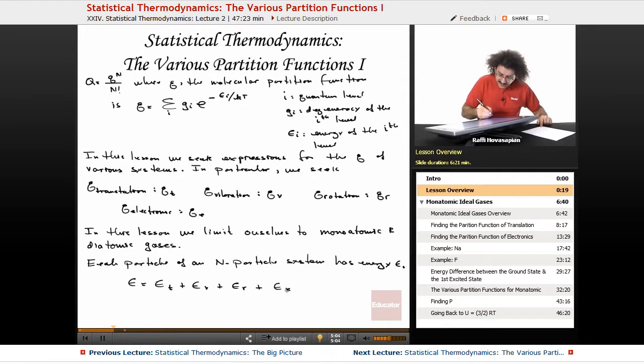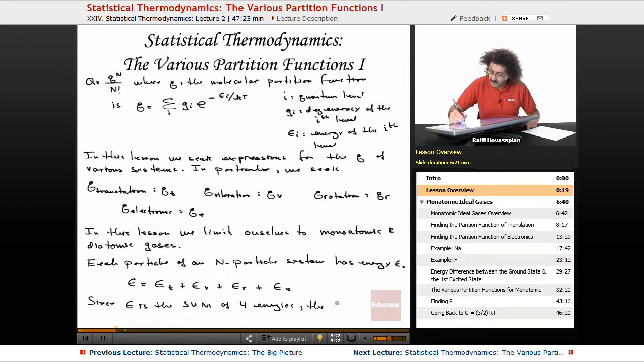Now, since E is the sum of four energies, the translational, vibrational, rotational, and electronic, the molecular partition function is the product of the individual partition functions.